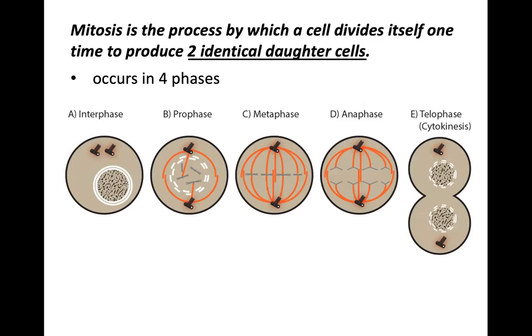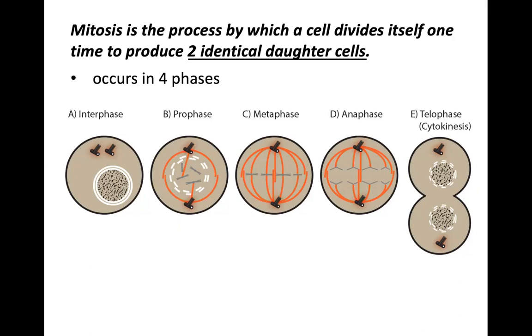We talked about 2 types of reproduction way back at the beginning, asexual and sexual. Is mitosis sexual or asexual? Asexual. Okay, so we need to know that mitosis is asexual reproduction.